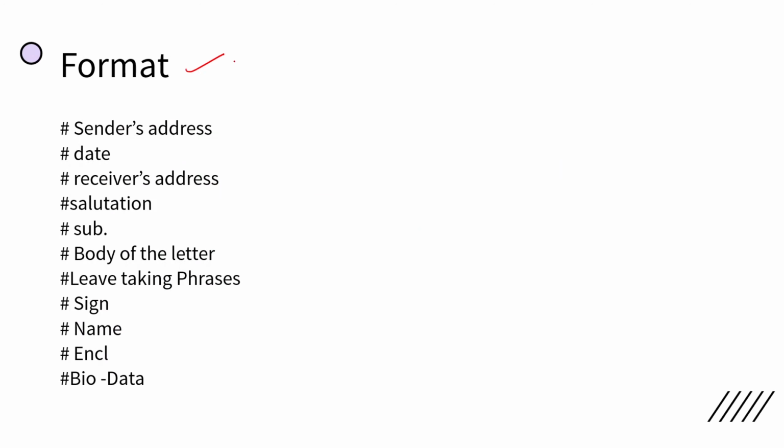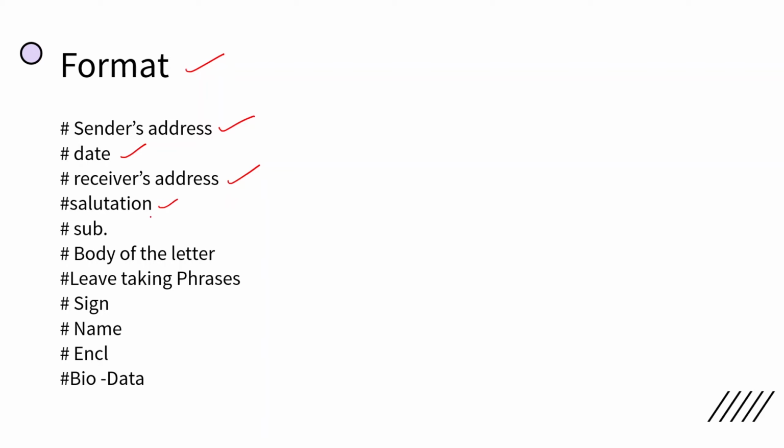Now let us check the format of a job application. First, the sender's address. Who writes this letter? That is the sender's address. Then date. Then receiver's address. To whom we are writing this letter, we have to write the receiver's address there.